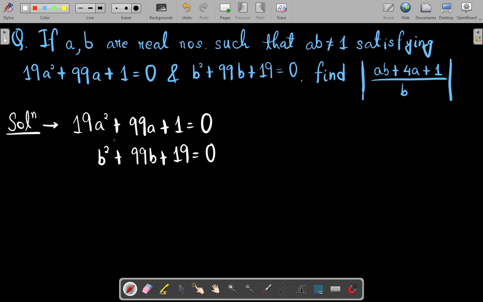If a is 0, then the first equation becomes 1 = 0, which is not possible. Similarly, in the second equation, if b is 0, then 19 = 0. So clearly a, b are not equal to 0.